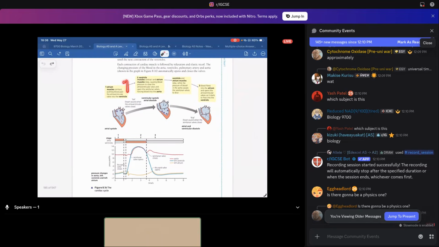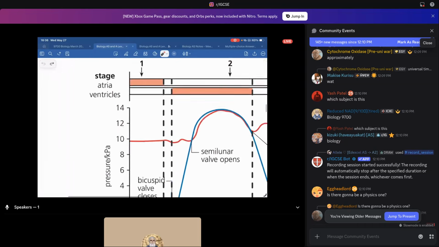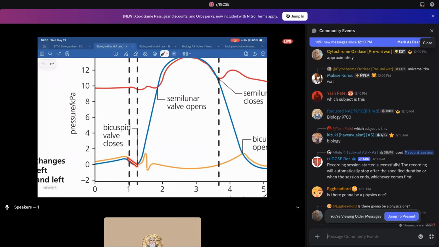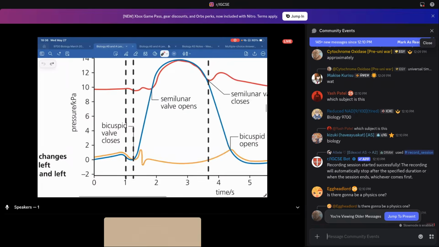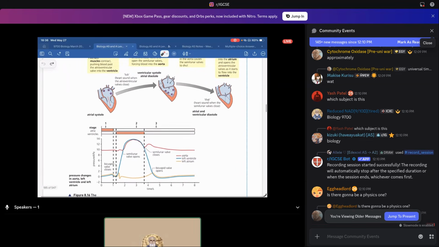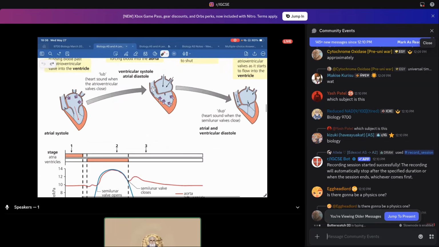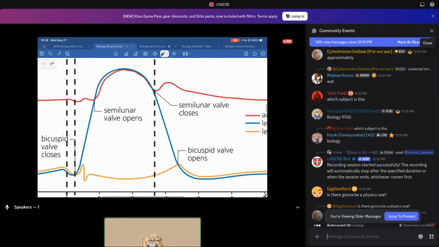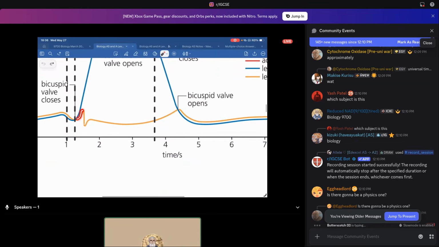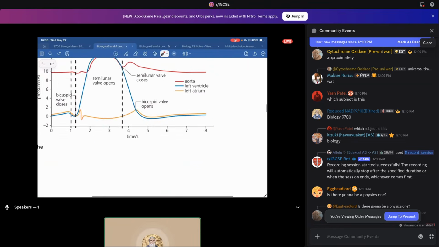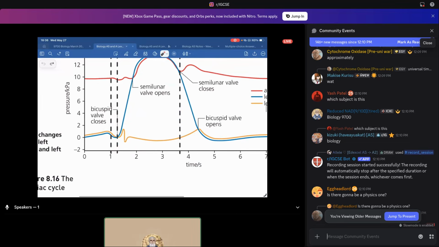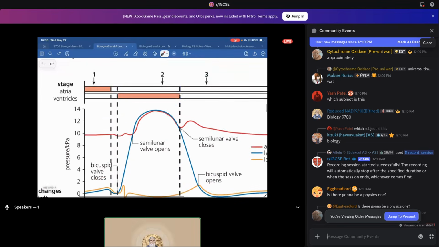And this is stage 1. The atrial muscle relaxes. And due to blood flowing to the atria and the rebound of the ventricles being closed, there's this very subtle increase. Now, obviously, it goes down again.